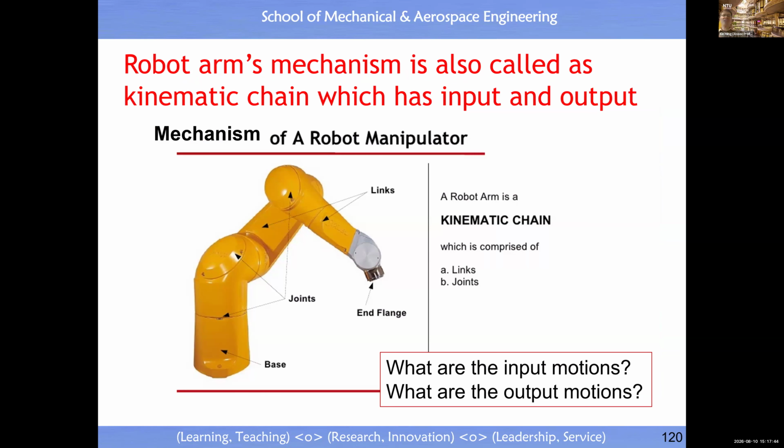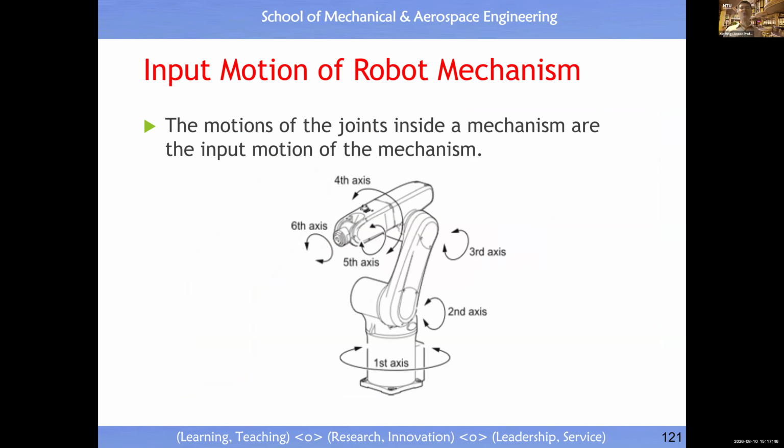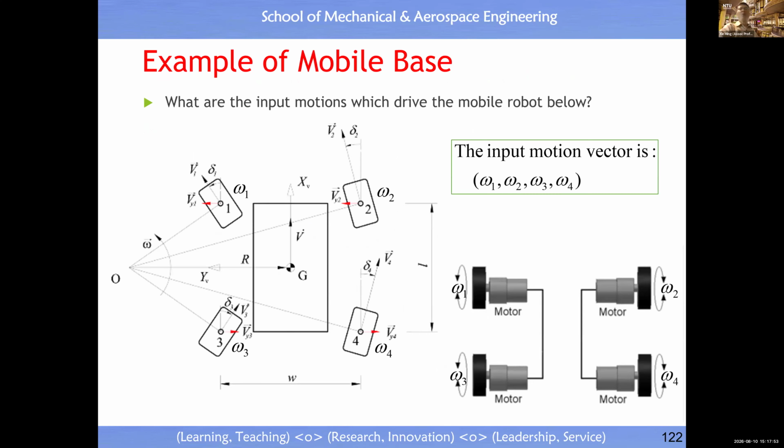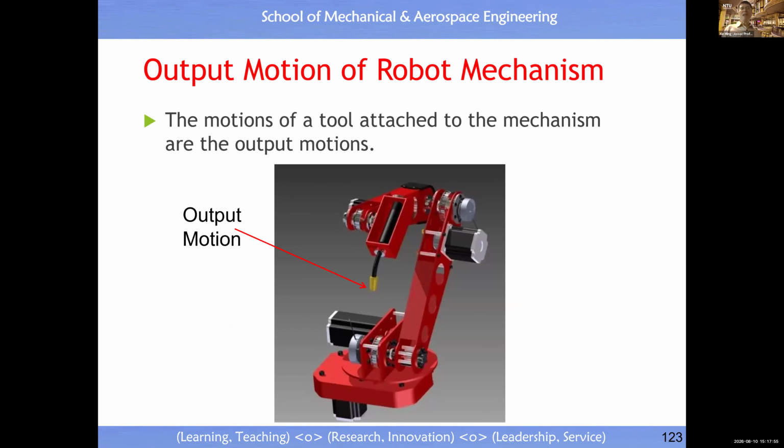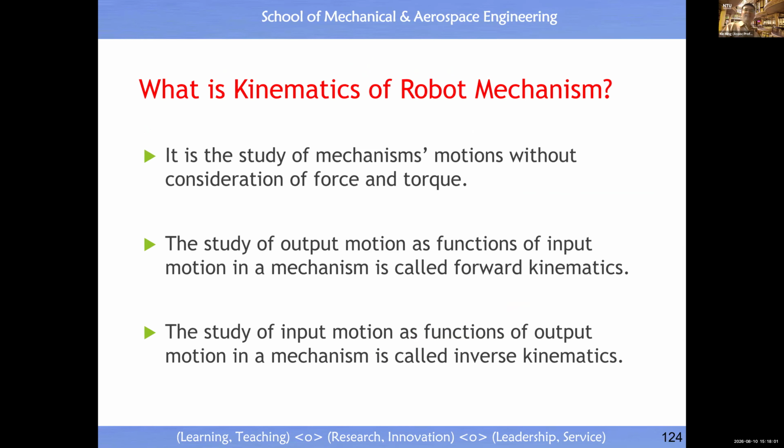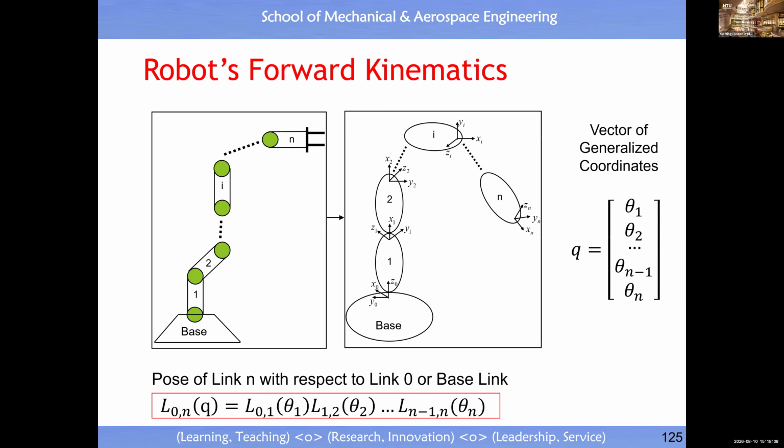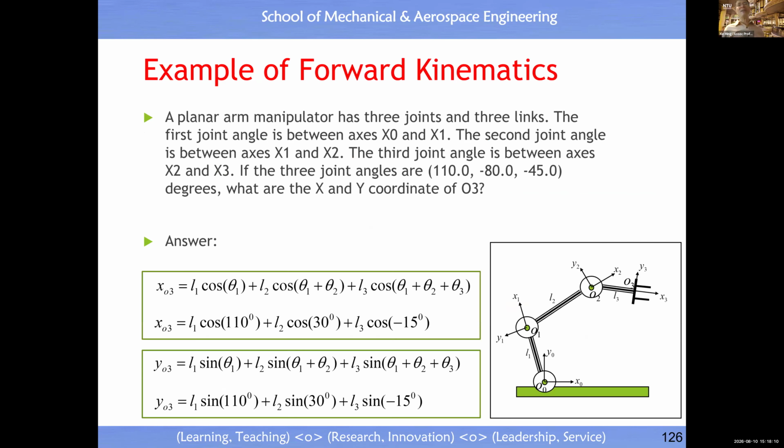So Amma will continue the study with you, okay? Then pay attention to the input motion to the robot mechanism, output motion from the robot mechanism, and the relationship between input motion and output motion. What do we mean by robot kinematics? Okay, kinematics, we have forward kinematics, inverse kinematics, and we also have forward dynamics, inverse dynamics, etc.